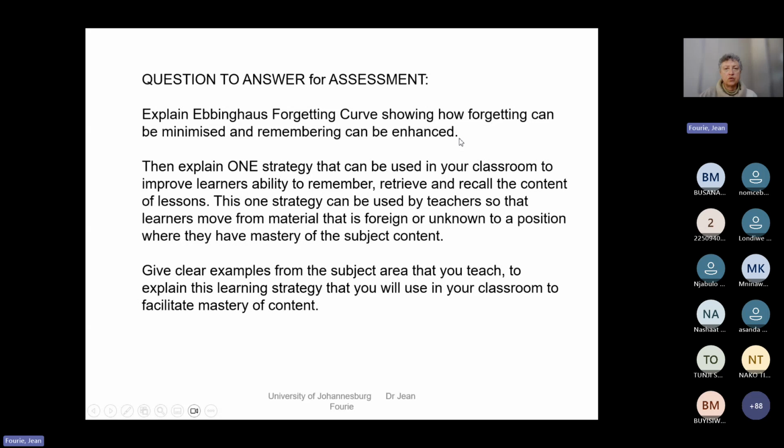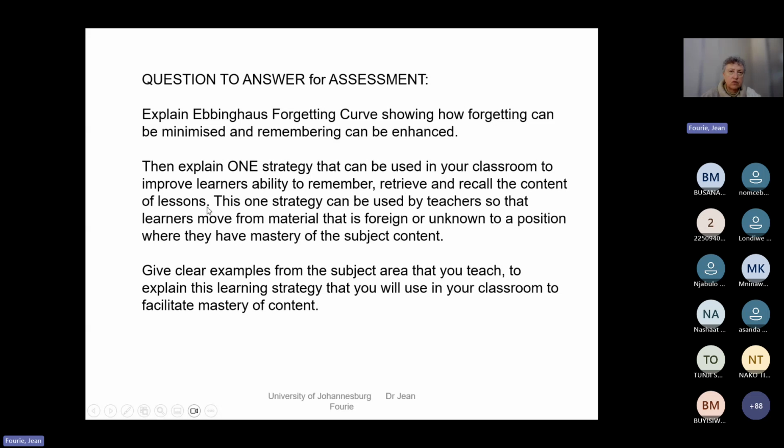And I think I gave you a detailed explanation of that. There's also some videos in the unit that you can have a look at, because it's good to get information from different sources, the same principles, but maybe explained in different ways, because then you really understand it.